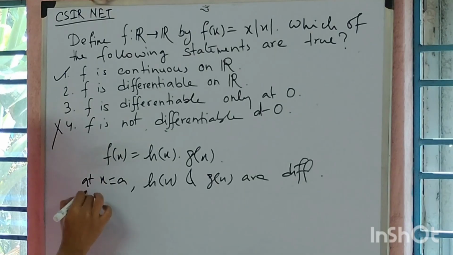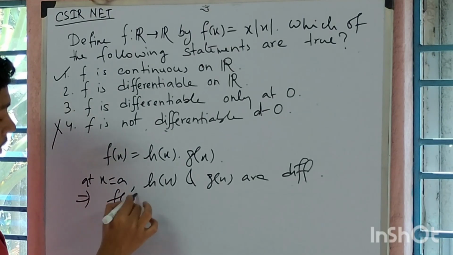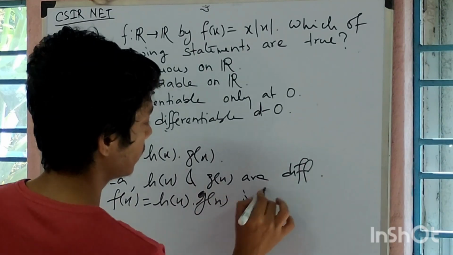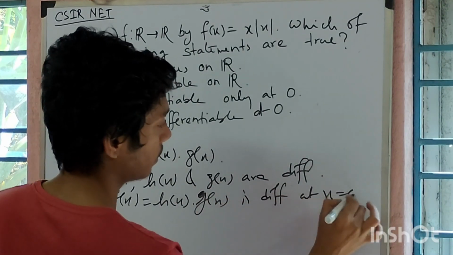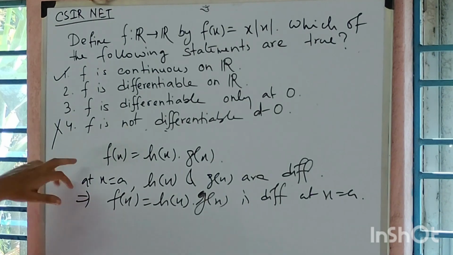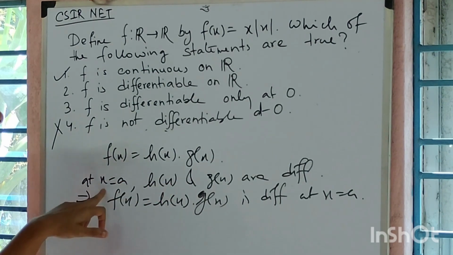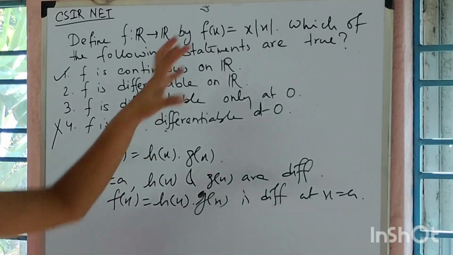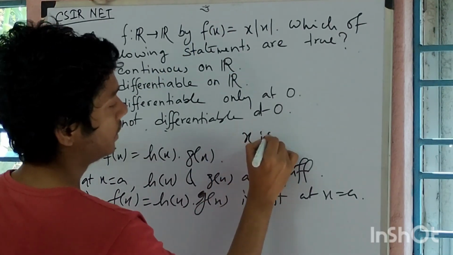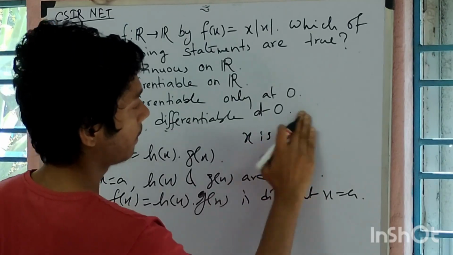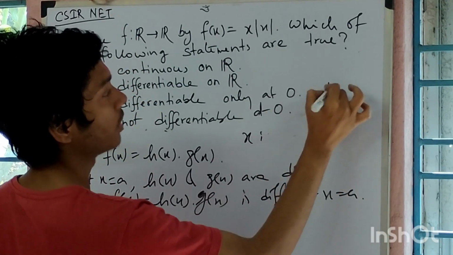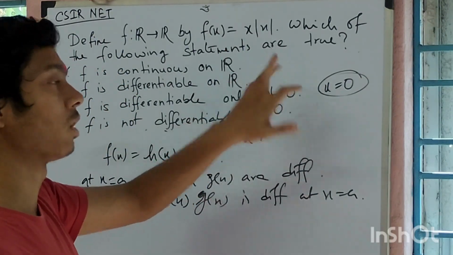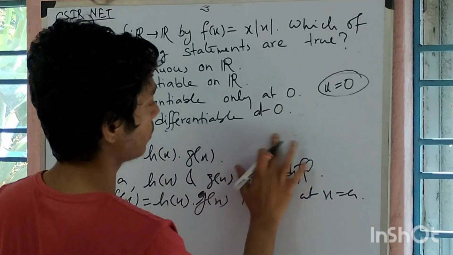Then it implies that f(x) = h(x) g(x) is differentiable at x = a. If two functions are differentiable at some point, then the product of these two functions is also differentiable at that point. Now, x is differentiable. I have already checked it at x = 0, so I am checking for x not equal to 0.